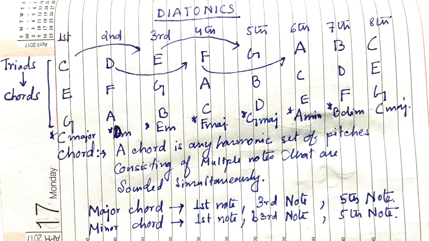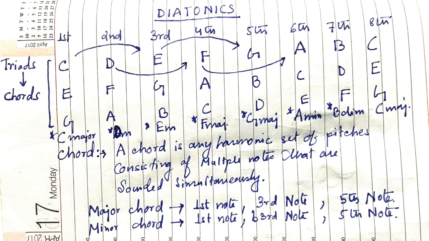So you know the difference. For a major chord, you take a major scale and play the first, third, and fifth notes simultaneously, and you get a major chord. If you want to play a minor chord, you take the same major scale and just flatten the third.